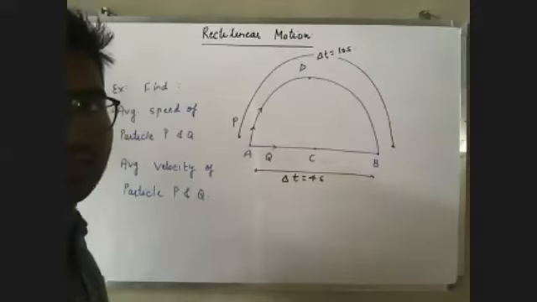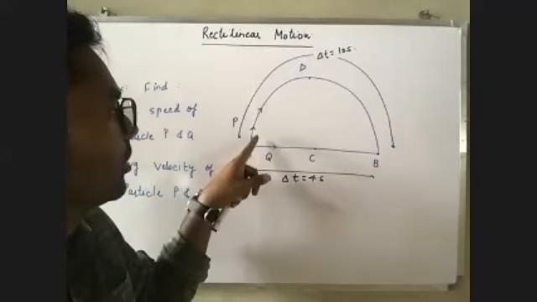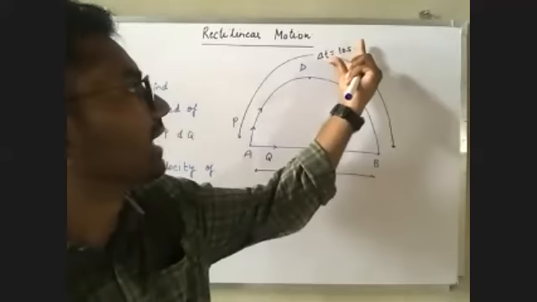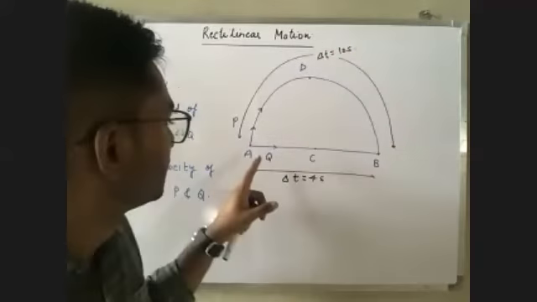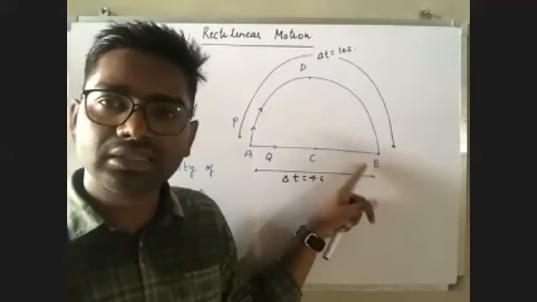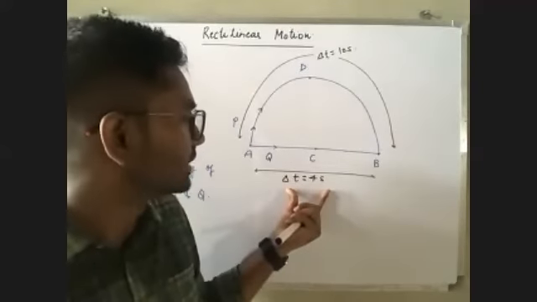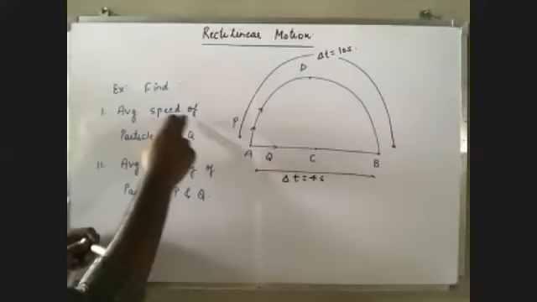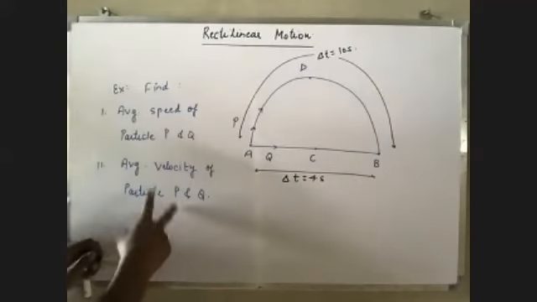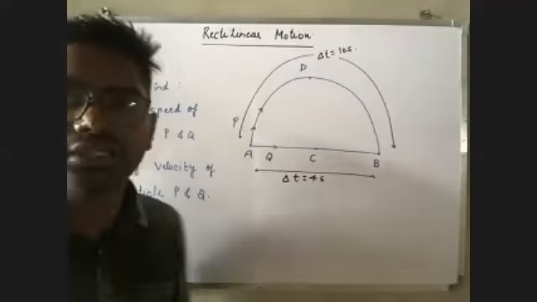Is it clear? Question clear to everyone? P is moving along this semicircular path, taking a time interval of 10 seconds. Q is moving along the ACB path, taking a time interval of 4 seconds. So we need to find the average speed of particles P and Q and the average velocity of P and Q. Everyone try to find out and let me know.